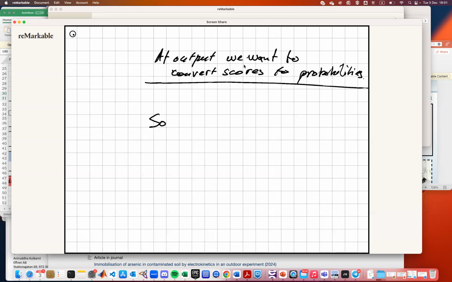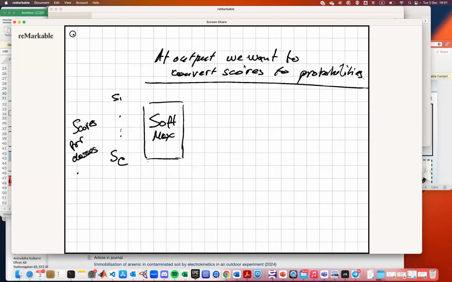Softmax activation. What it does is it takes scores, s_1 to s_C, the scores for classes 1 to C, computed at the output that you observe.